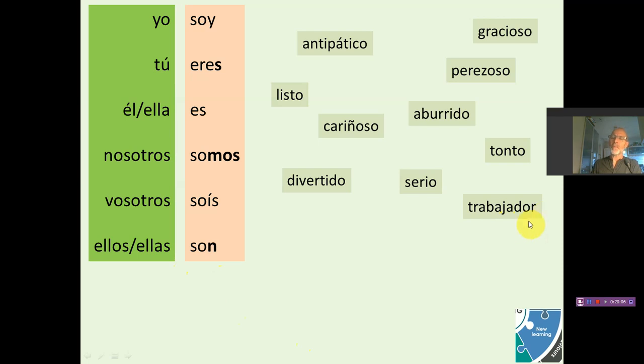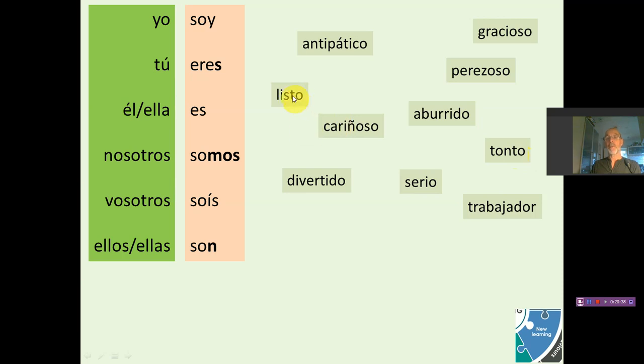Now, this leads me to another nice little revision point. If you want to make something plural and it ends with a vowel, it's really easy. You just add an S. In Spanish the word for a vowel is una vocal, so las vocales, and they are A, E, I, O, U. Five vowels.